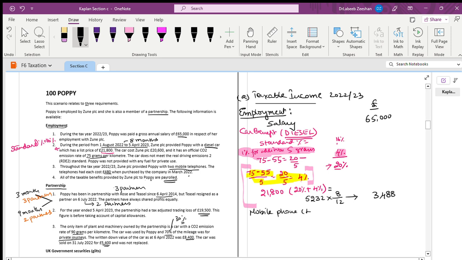How much is there? 480 times 20%. It comes to how much? 48, 48, 96. How much is the total you will get?